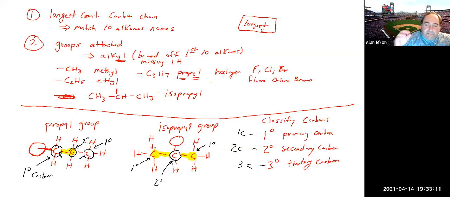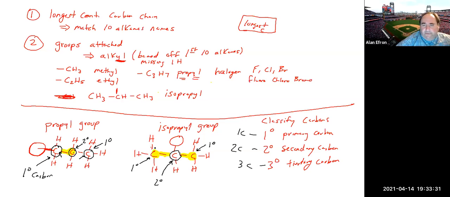So depending on what carbon a group is attached to in the chain, that's where we get some of these names. That's why sometimes people might even call this propyl, but most people call it isopropyl. It's a historical name, and it's a very common group.